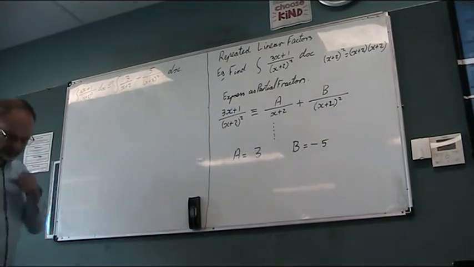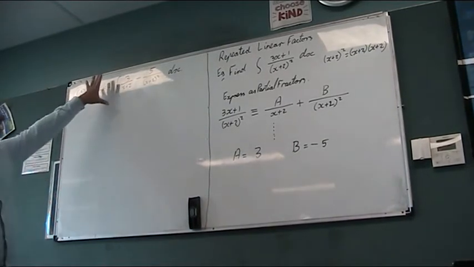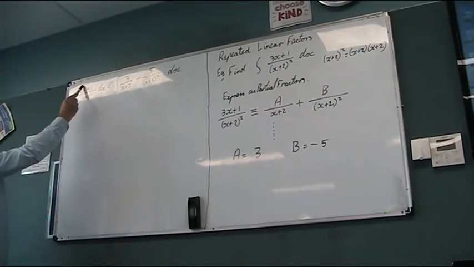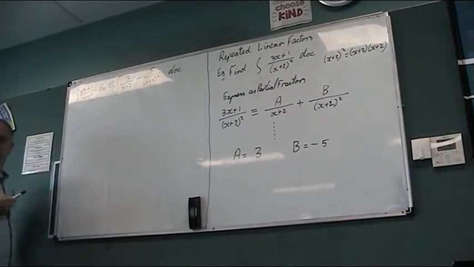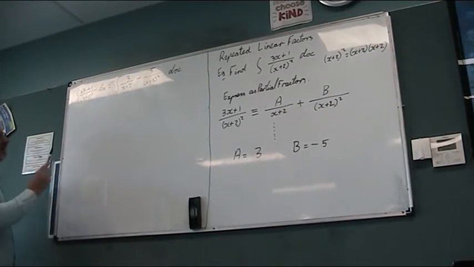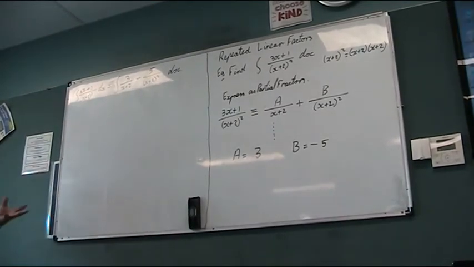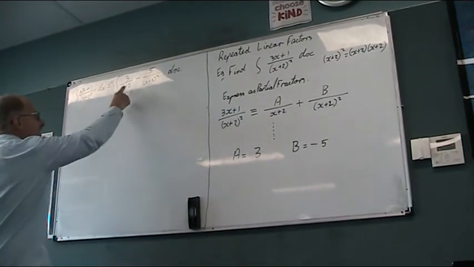Now, while that doesn't seem to be simpler, it is in fact simpler because up there we had an x on our numerator, and in both of these there's no x in the numerator, so that simplifies things.